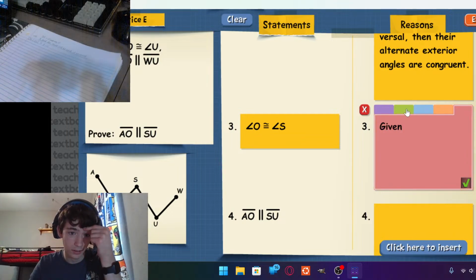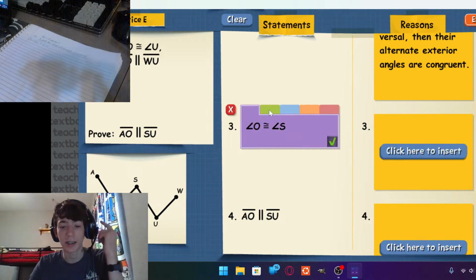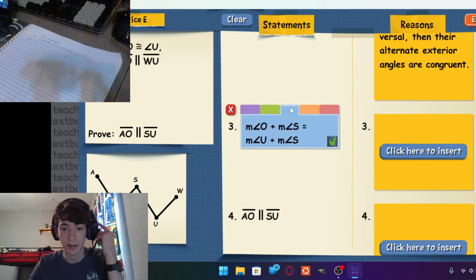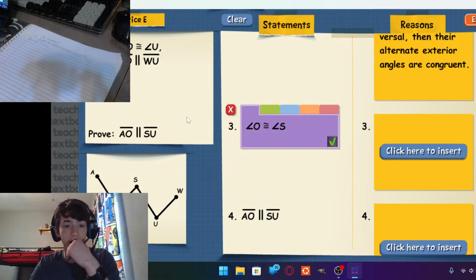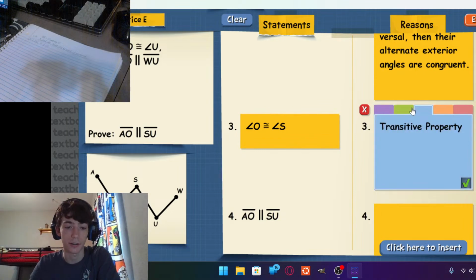That's not given. It has given as an option down here, so it's probably gonna be something that's given. But none of these things are given. So I think it's probably this, and then no, it's not exterior angles.